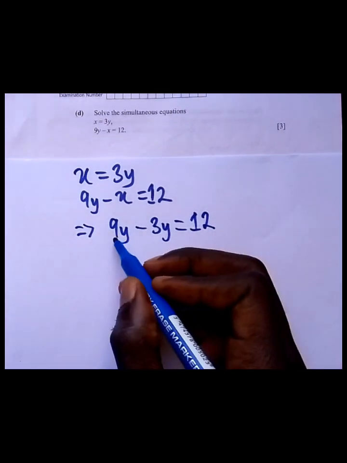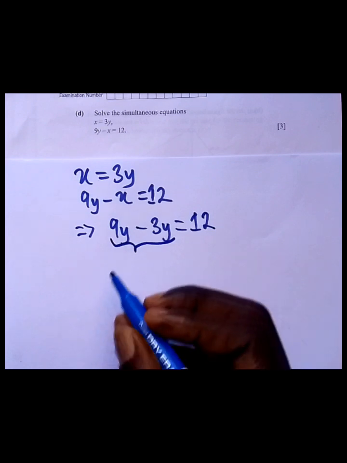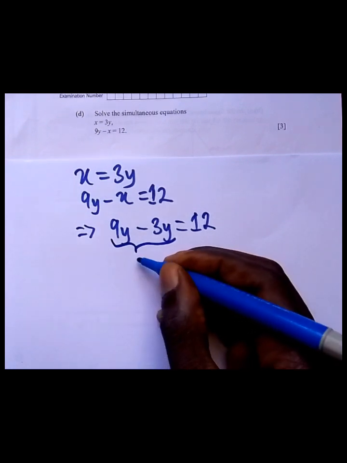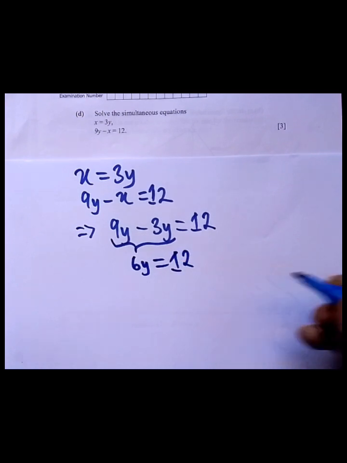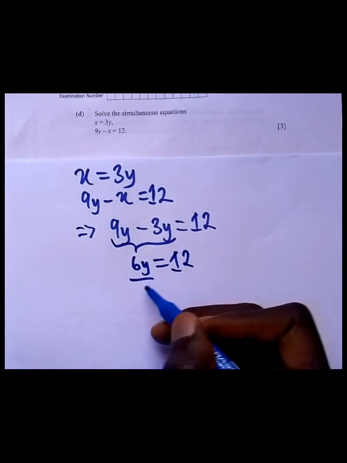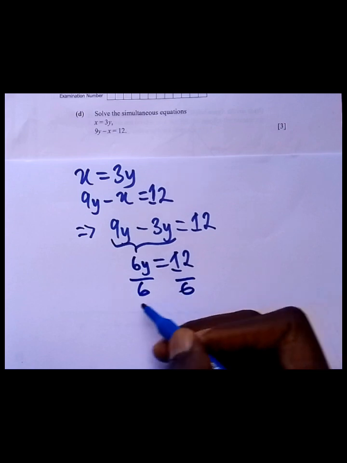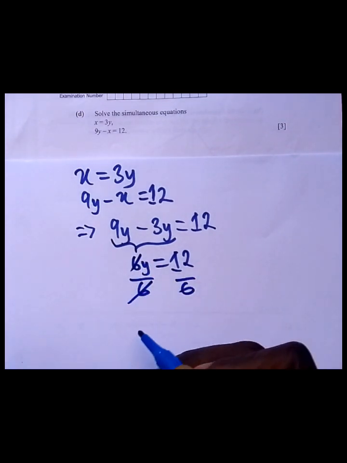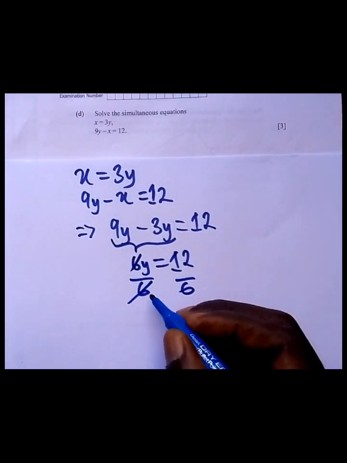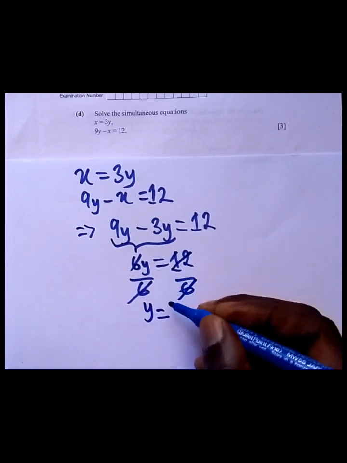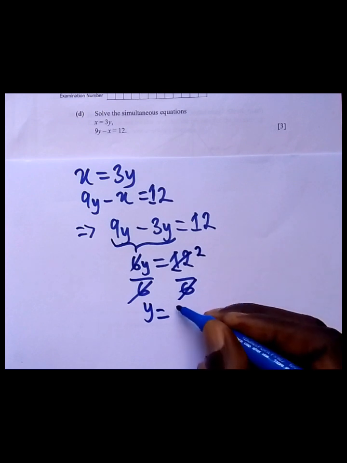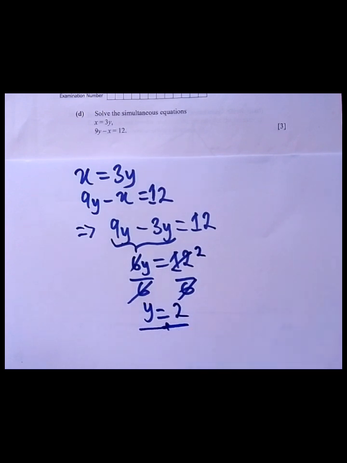So 9y and 3y will subtract, giving us 6y equal to 12. And we divide both sides by 6 to find y. 6 into 6, that's 1. 1 times y is y, equal to 6 into 12, that's a 2. So the value of y is 2.